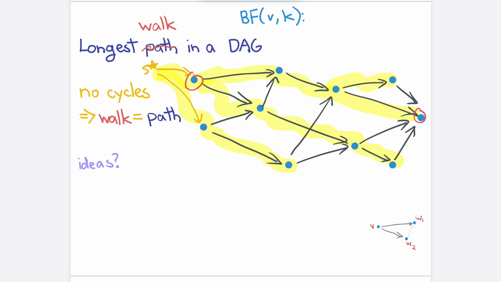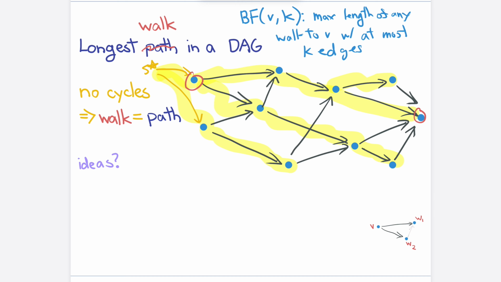All right, so the max length of any walk to V with at most k edges or something. So this value is always at most k. Okay, so then you can imagine, once I figure out k minus 1 and who I can get to in k minus 1, then I can maybe try to figure out k or something like this.